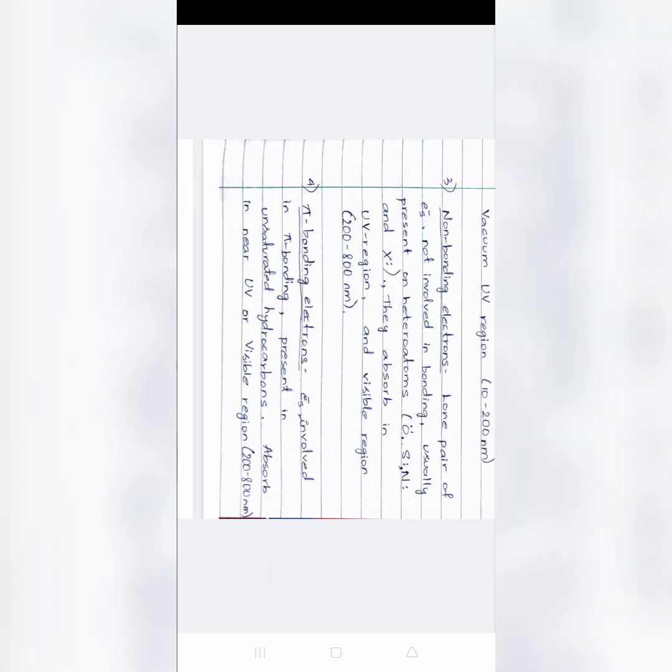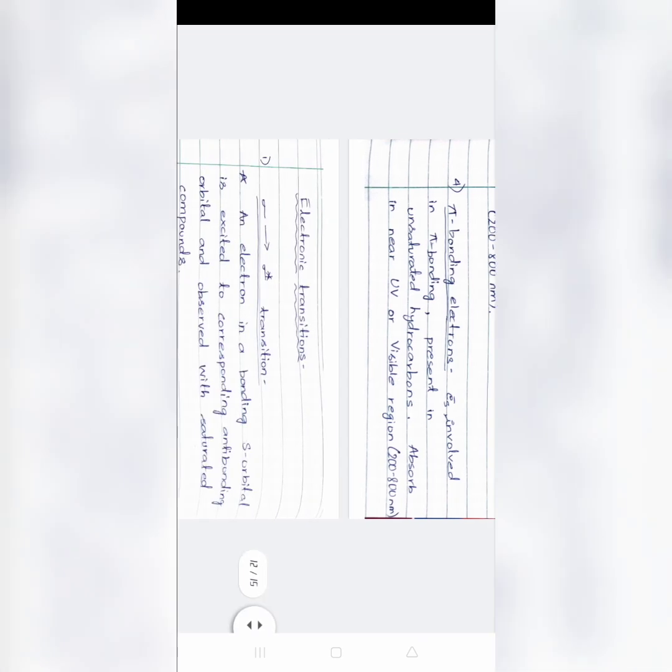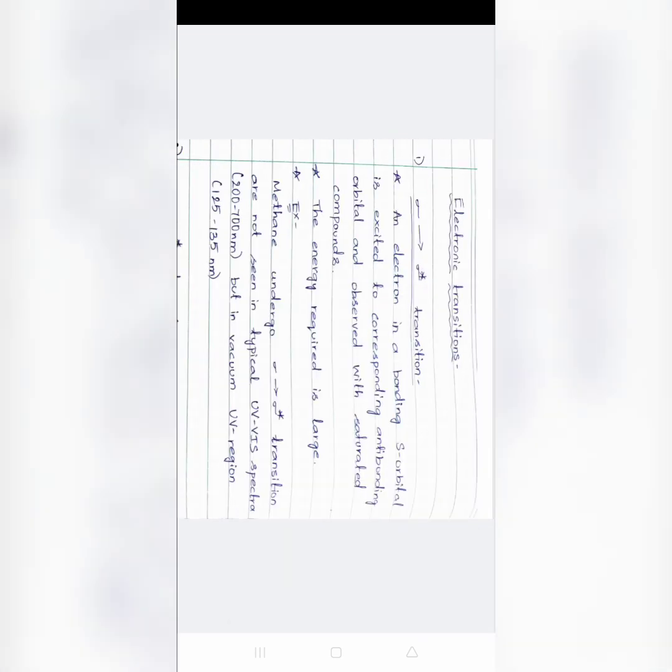Pi bonding electrons. These electrons are involved in pi bond formation, and they are present in unsaturated hydrocarbons. They absorb near UV and visible regions of radiation having wavelength 200 to 800 nanometer.